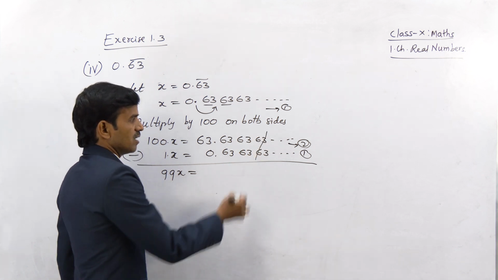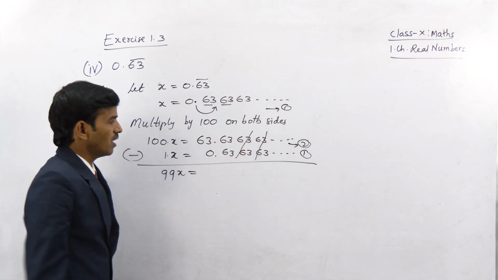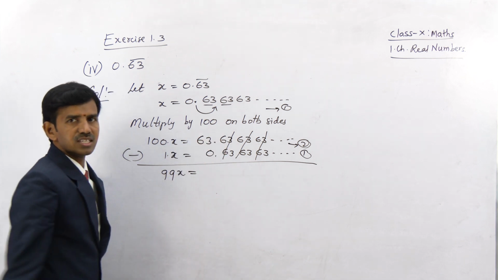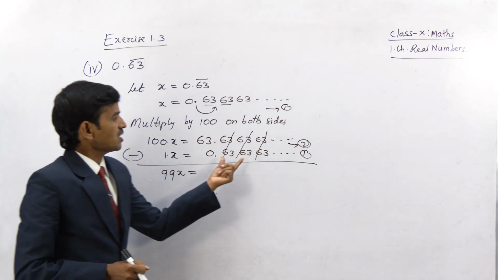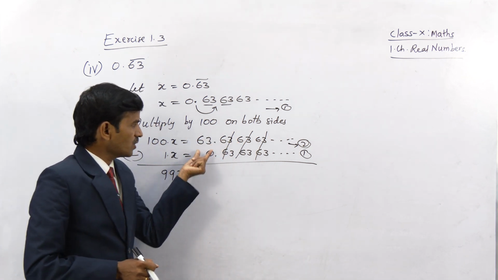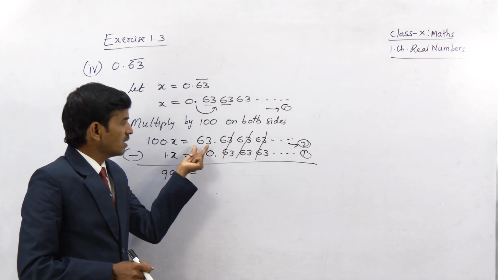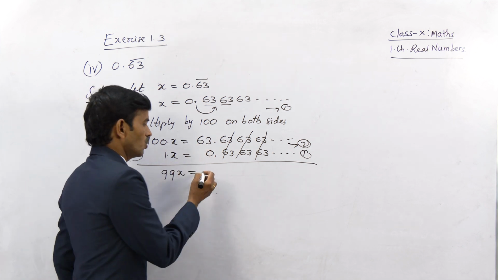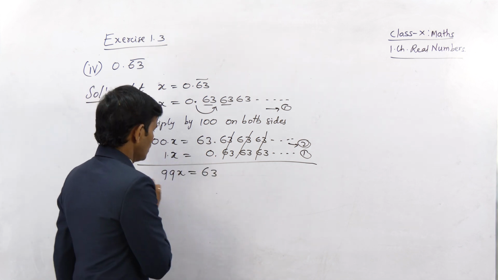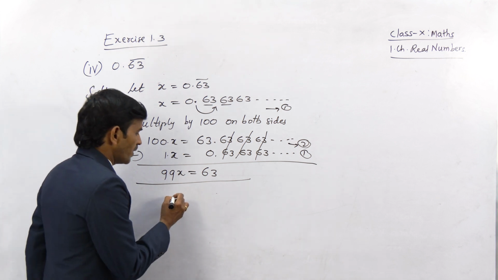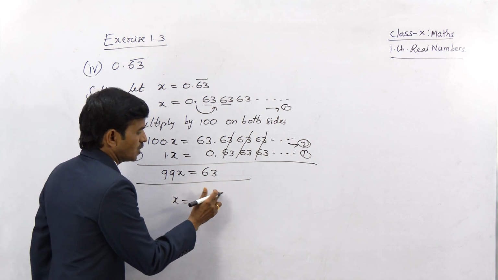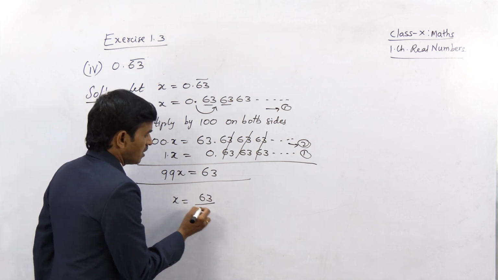The repeating 63, 63 gets cancelled. As repeating decimals get cancelled, what is left before the decimals? 63 minus 0, nothing but 63. Now let us find the value of x, that is x is equal to 63 by 99.